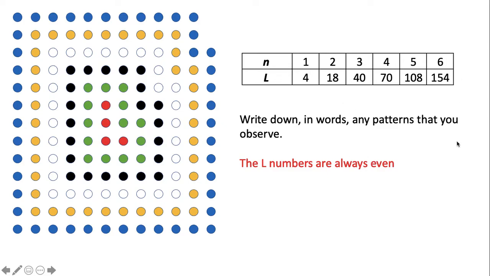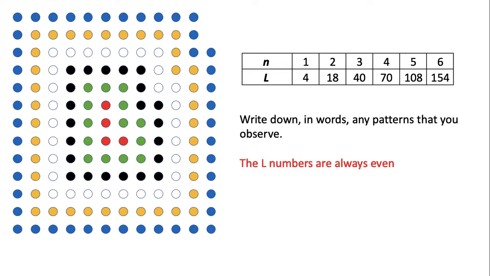Now when they say in words, it's important that it genuinely is a pattern in words rather than an algebra kind of rule. So if you just say, I notice that you multiply the n numbers by something and subtract something else, then all you're really doing is giving an algebraic rule but saying it in words. And that's not what they're trying to ask you to do in these questions.